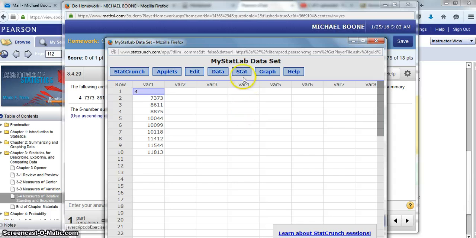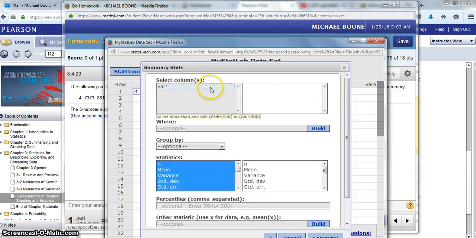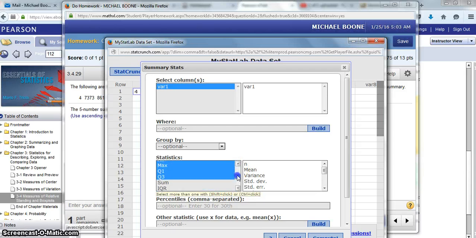Just checking that. So if we do summary stats of our column, here are the values for a 5-number summary.